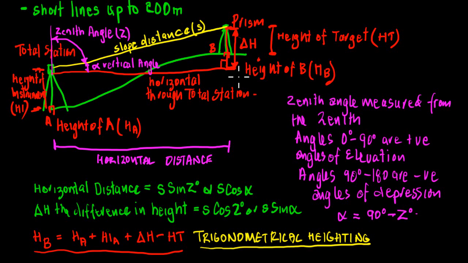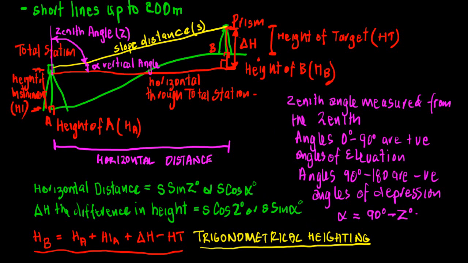Delta H, the difference in height, is equal to S cos the Z angle, or the zenith angle, in degrees, or S times sine of the vertical angle, also in degrees. So we just need to make a little note about that there, that there's also in degrees there. Okay, just tidying up that little letter there.